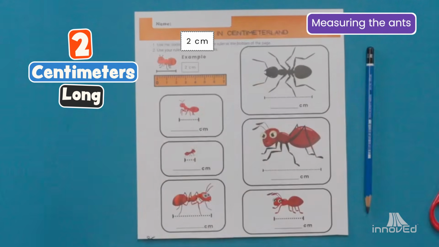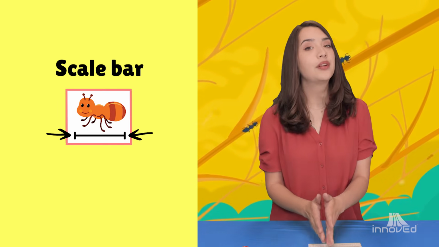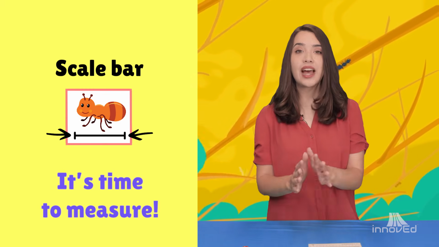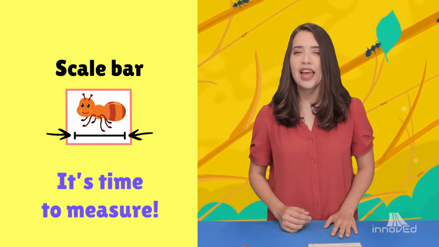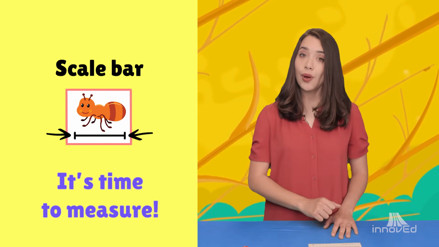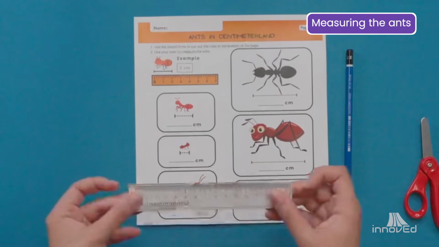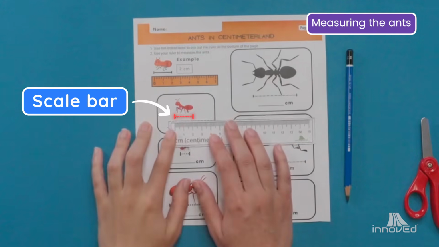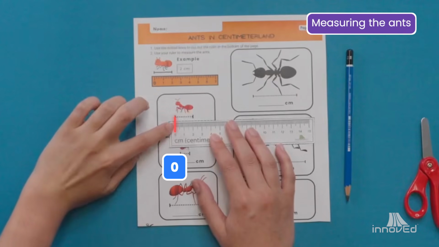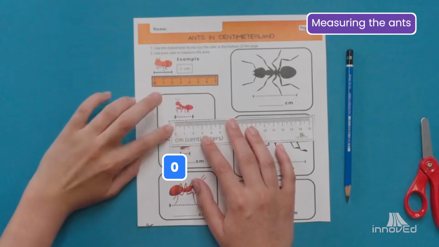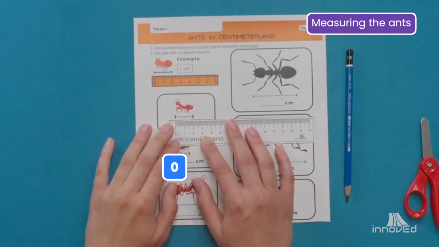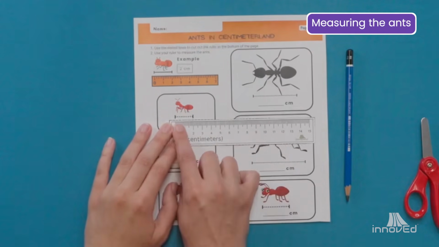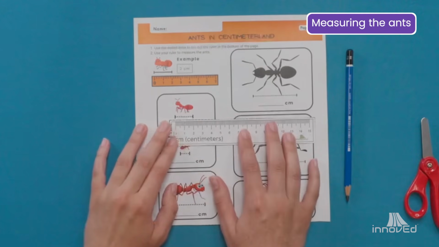Okay, so now that we know how to use the scale bar, it's time for us to measure the first ant. Let's do this together. So go ahead and grab your ruler and put it underneath the scale bar so that the 0 lines up with the line, just like that, okay? Now let's see, where does the ant end?